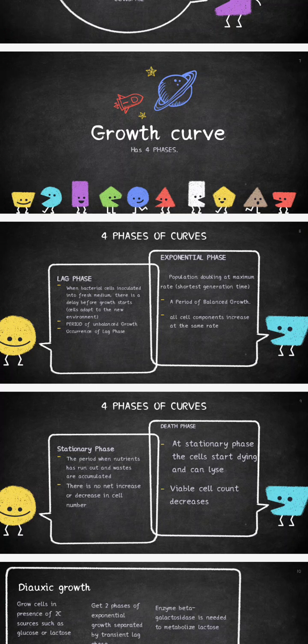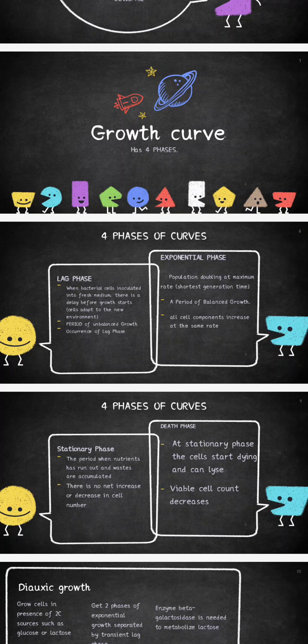Also, it is the period of unbalanced growth of your microbes. This is due to the bacteria's requirement to adjust to the fresh culture. So your bacteria will take time to adjust to the new colony.